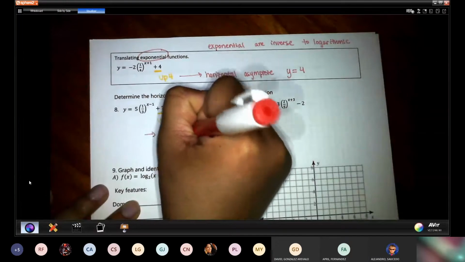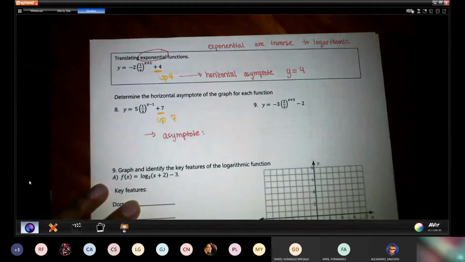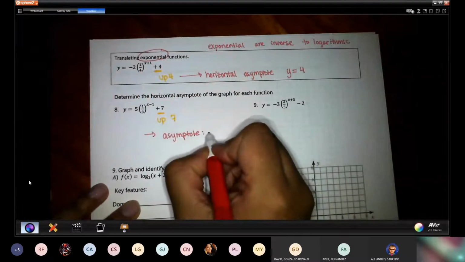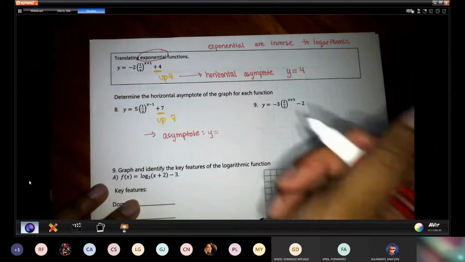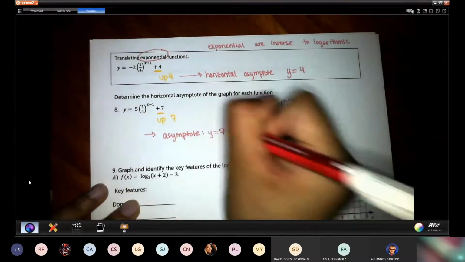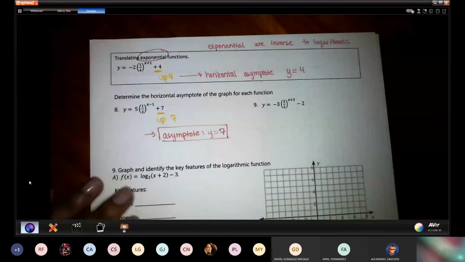What is our asymptote, y'all? Very good. Y equals 7. Perfect. Make sense? Good.